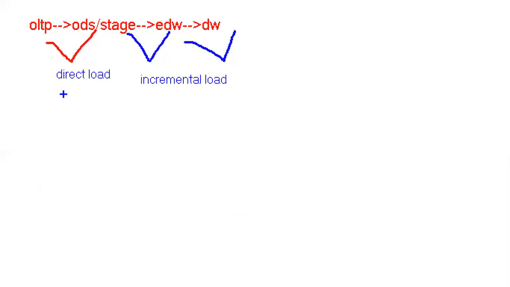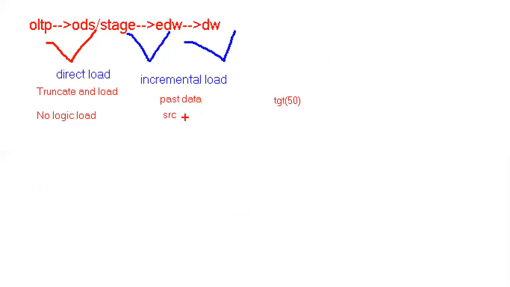And direct load is again two ways. One is truncate and load, and the second one is no logic load, removing and fresh loading. Incremental load is not like that. Assume your target has 50 records, and this is past data.